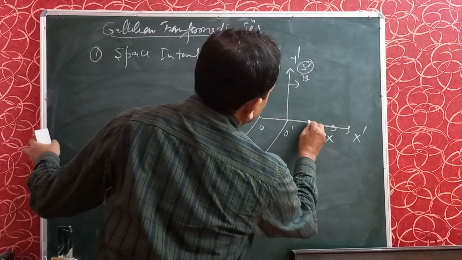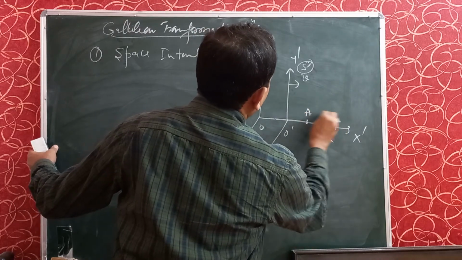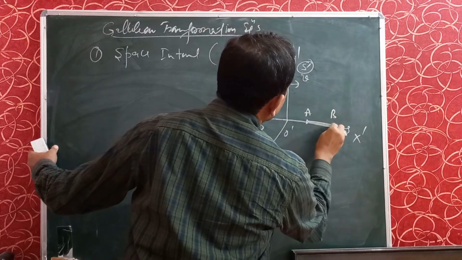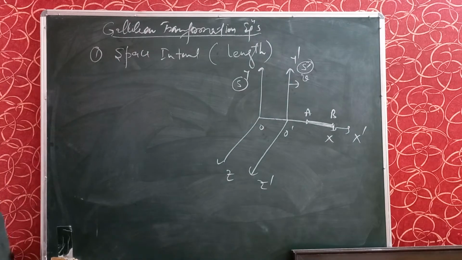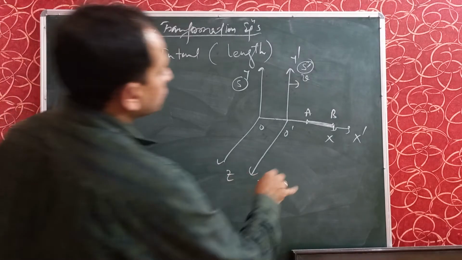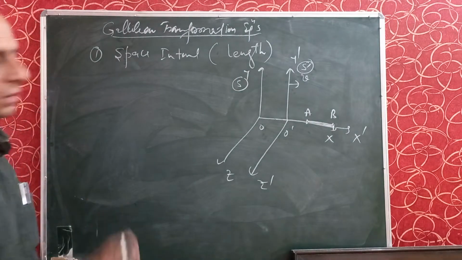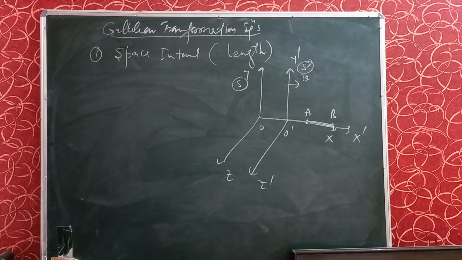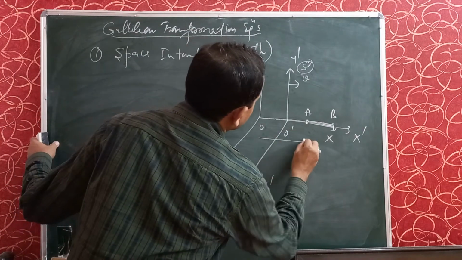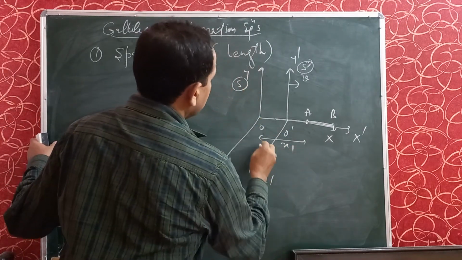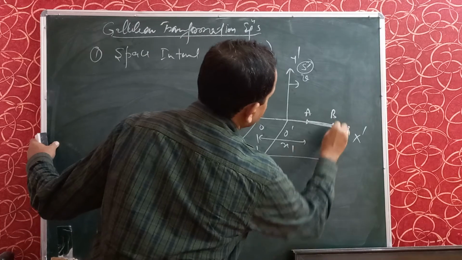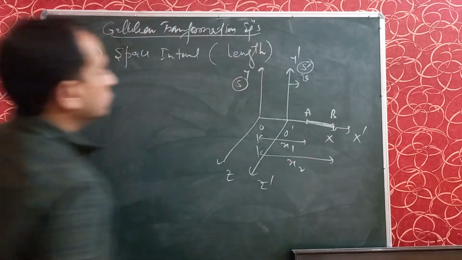So let any 2 points A and B, these are 2 points A and B. So we will find the length, means distance between A and B. The point A is lying at distance x1 from this S frame, and second point is at distance x2.